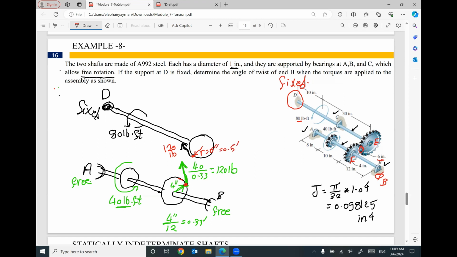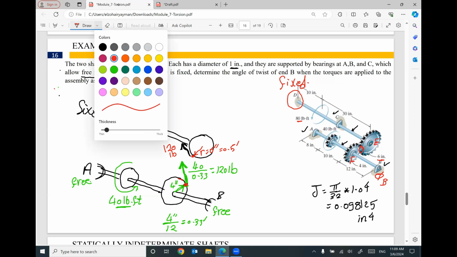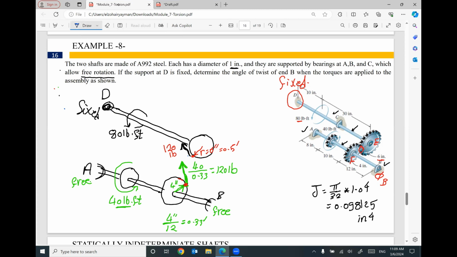If you multiply the transmitted force, 120 pound, times this radius 0.5 feet, I can convert it to a torque rotating clockwise. How much? 120 times 0.5 will equal 60 pound-foot. So the final conclusion, this is E.